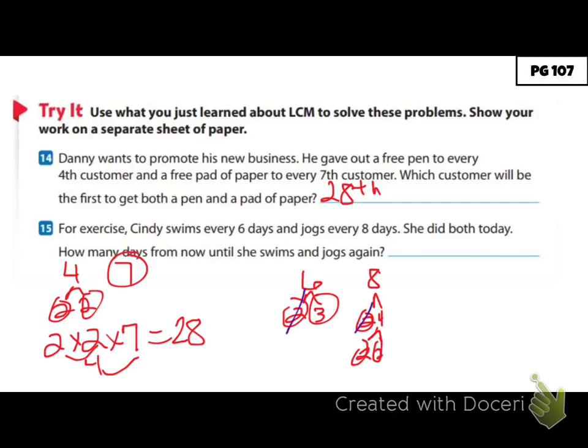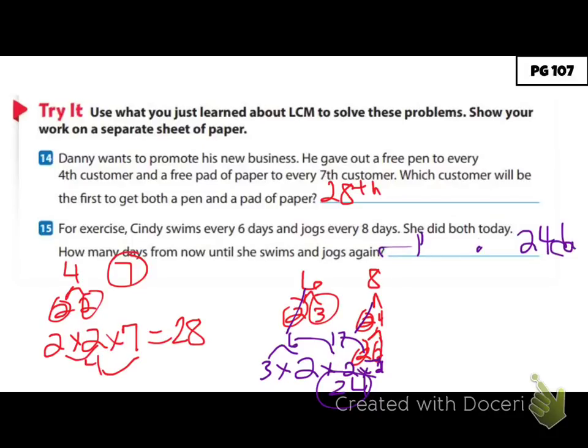We have a 2 here and a 2 there. That's 1, 2 in common. Both of these are under the same number, so we can't count those. So we bring down our leftovers, which means we bring down 2 2s and a 3. And then we multiply them all together. 3 times 2 is 6. 6 times 2 is 12. 12 times 2 is 24. So 24 days.